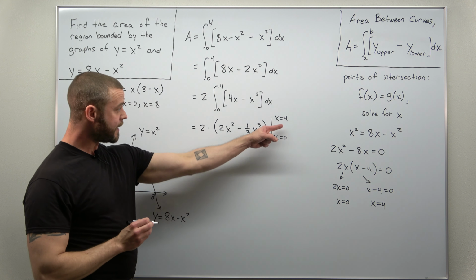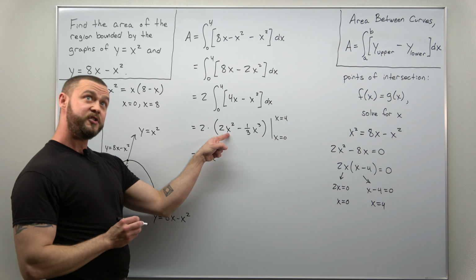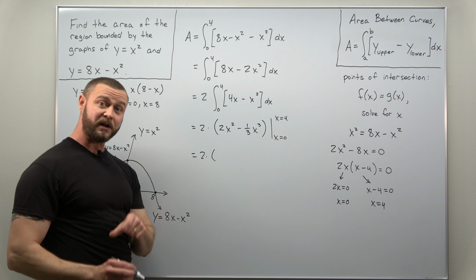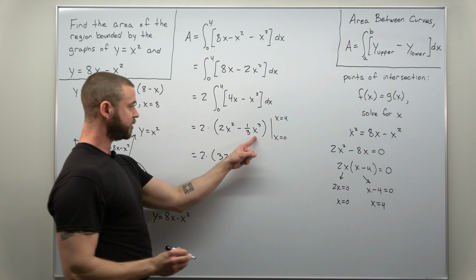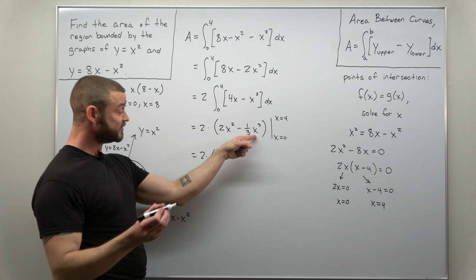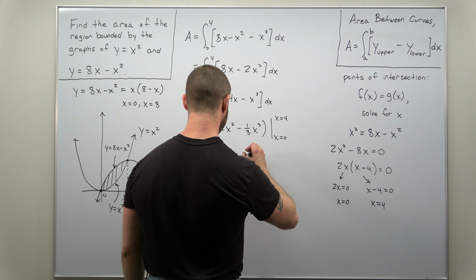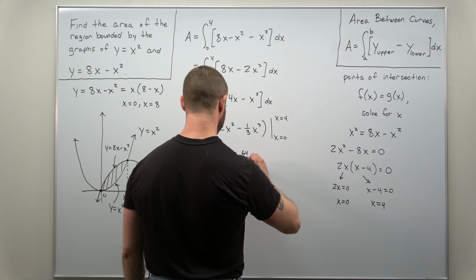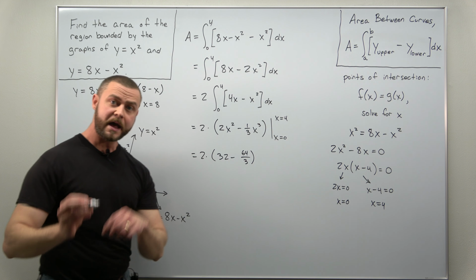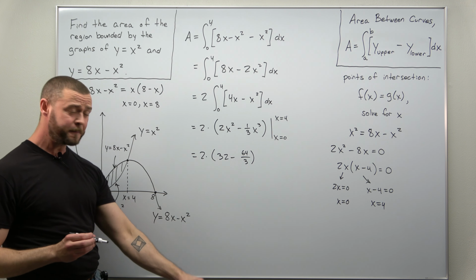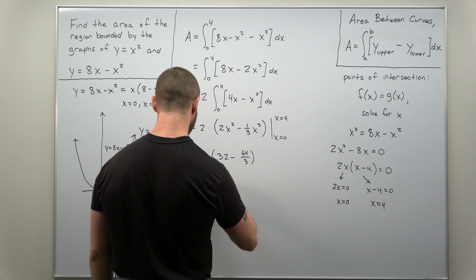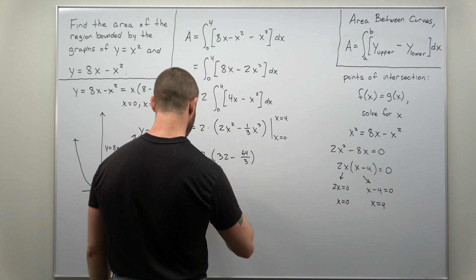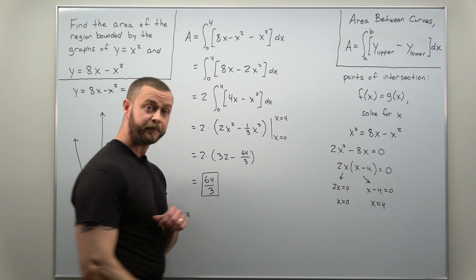If you go ahead and do that, so plug in 4, basic math here, that's going to be 16 times 2, so 32. And if you plug in 4 there, that's going to give you 64 over 3. And you can work that out with a common denominator, multiply that by 2, and what you should get in the end is 64/3.